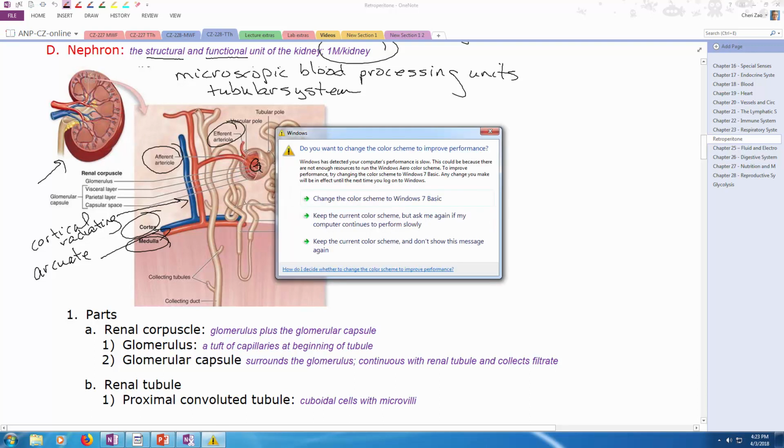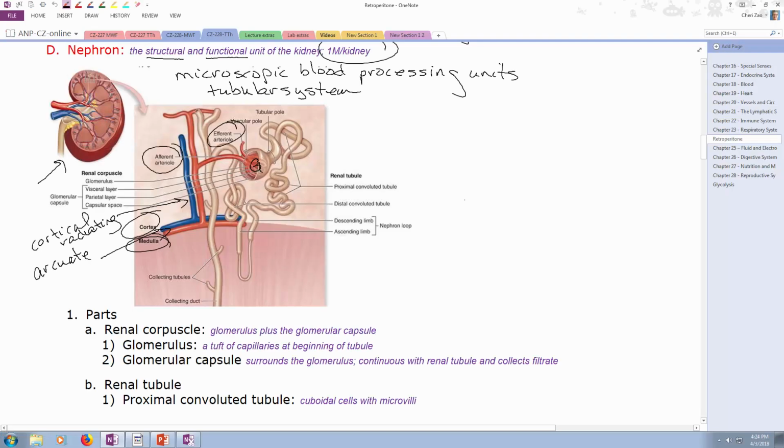And that's important because these guys are under higher pressure, but they're leakier. And that means if you're leakier, under higher pressure you could potentially destroy them. And so this is an interesting system that has its backup to actually protect it, and we'll get into that in just a moment.